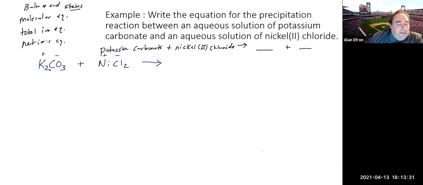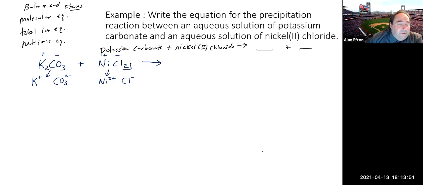When I look at potassium carbonate, the two basic things that make it up are a potassium ion and a carbonate ion. For nickel II chloride, the two basic things are a nickel with a +2 charge and a chloride with a -1 charge.